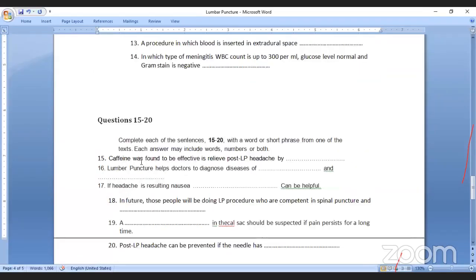Okay. The next question is: caffeine was found to be effective in relieving post LP headache by something.